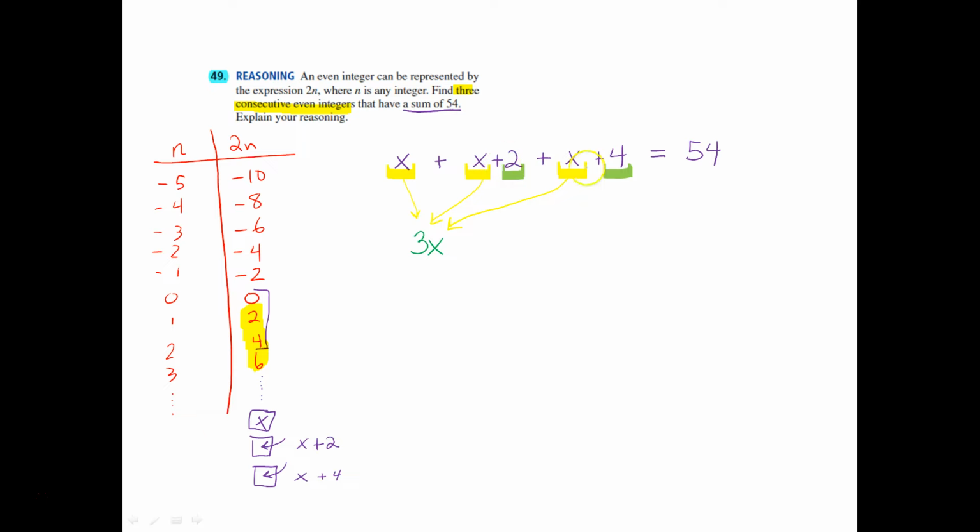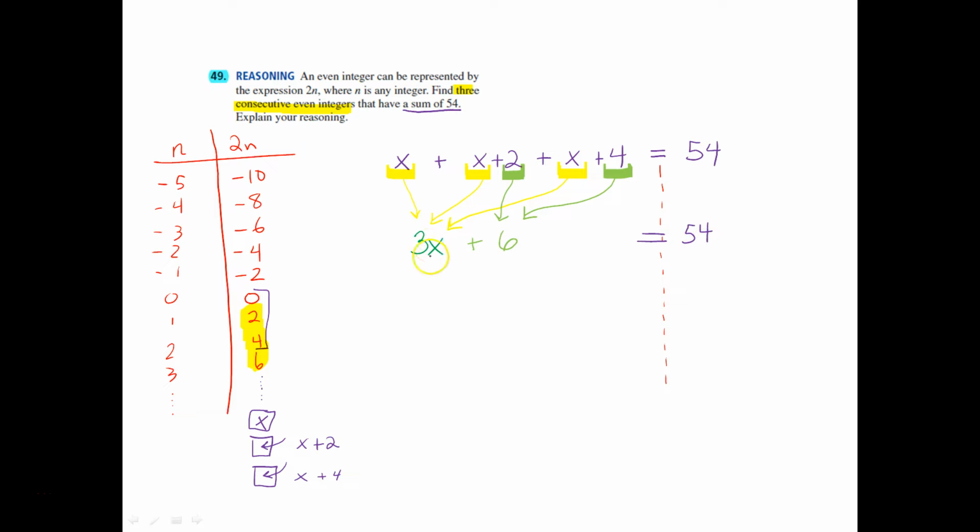So I've got positive 2 plus 4. They're the same sign, so 2 plus 4 is 6. So these two combine forces and become plus 6. I've combined all my like terms, and there's no more to combine, so it equals the right side, which is already all simplified, 54.